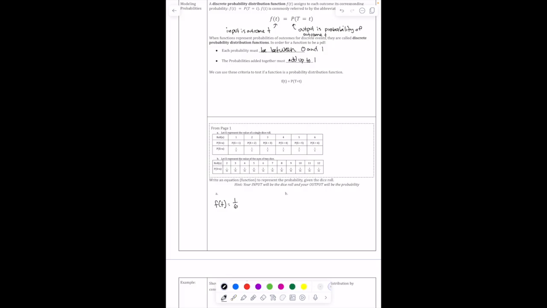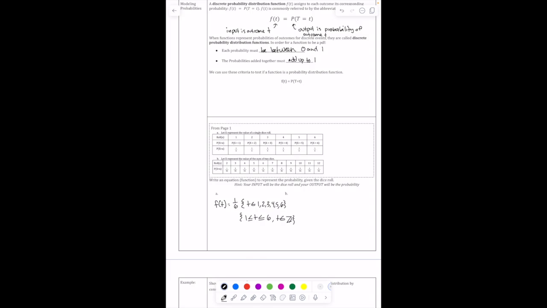There's a few ways we can do this. Usually we'll see it in brackets, where t is within 1, 2, 3, 4, 5, 6. You could have also said it as t values that are greater than or equal to 1 and less than or equal to 6, as long as t is an integer.